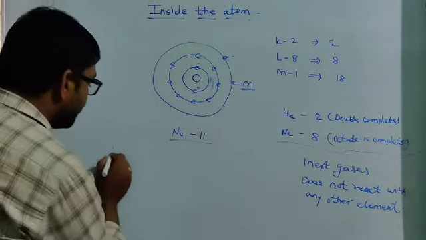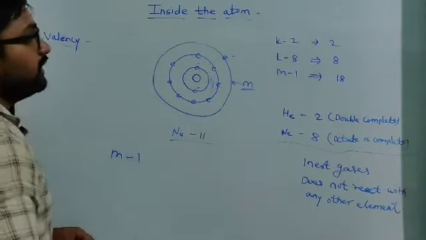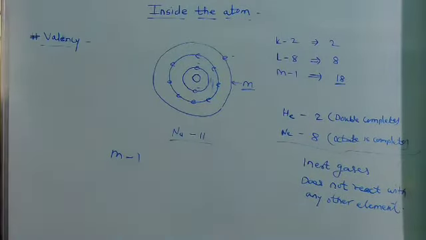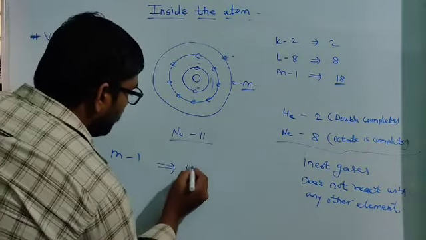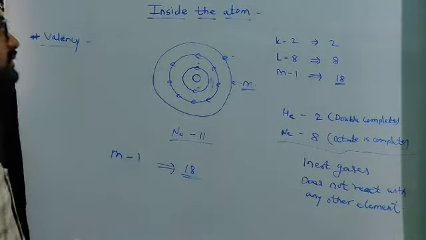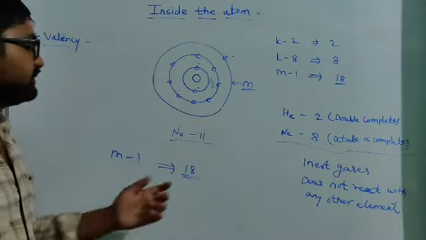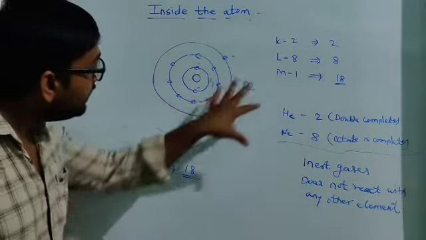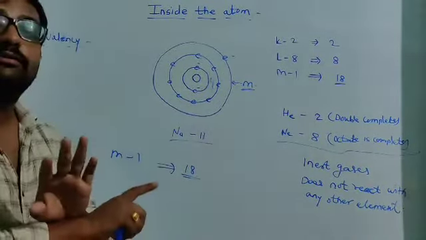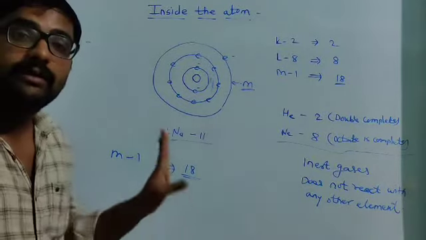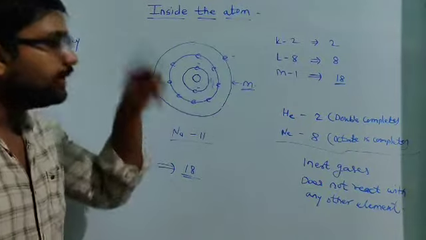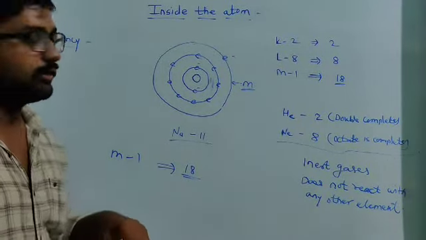But we know the maximum capacity of the M shell is 18. So 18 electrons is the maximum capacity of the M shell, and this M orbit is not completely filled, because only one electron is there.